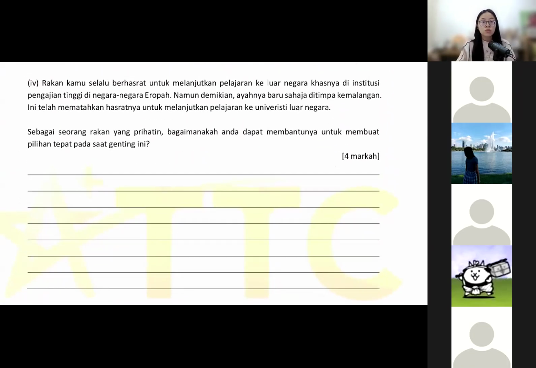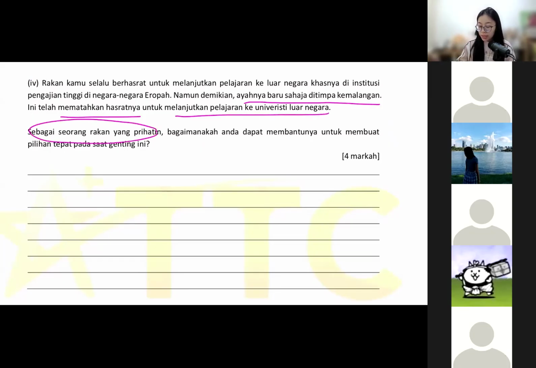Okay, rakan kamu selalu berhasrat untuk melanjutkan pelajaran, to go further study overseas, ke luar negara. Khasnya di institusi pengajian tinggi di negara-negara Eropah. Namun demikian, ayahnya baru sahaja ditimpa kemalangan, which is facing that accident, telah mematahkan hasratnya, which is stop the wish, untuk melanjutkan further study ke luar negara.